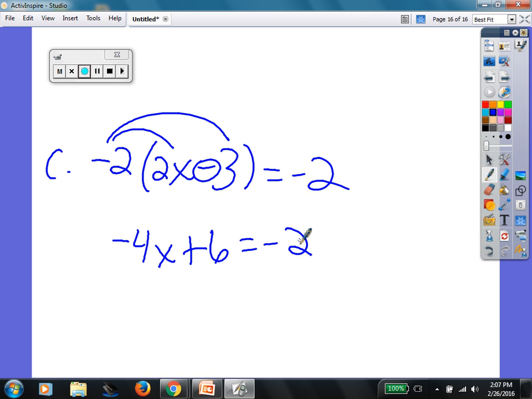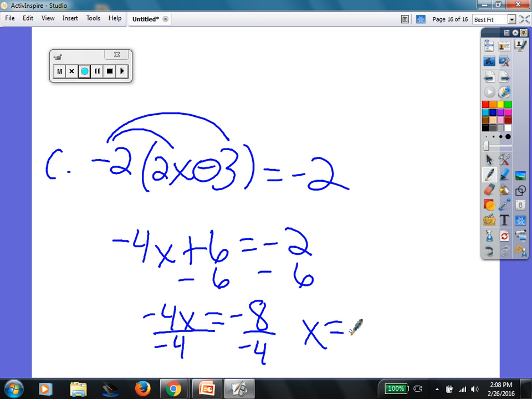Alright, now I'm going to add my 6 to both sides, leaving me with negative 4x equals, what is negative 2 minus 6? That's negative 8. We're going to divide by negative 4, divide by negative 4, and you get that x equals positive 2.